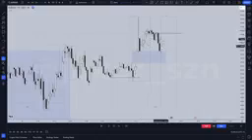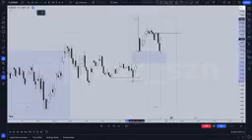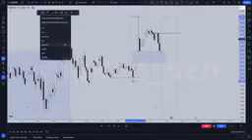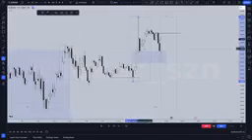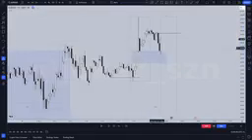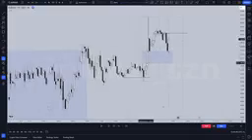So now the most likely narrative for the London session will be the London continuation, and as you can see, we have also retraced into the discount of this Asian range here, right? We have Asia low, Asia high, and you can see we have been trading in discount into this H1 PD array, namely the H1 fair value gap.